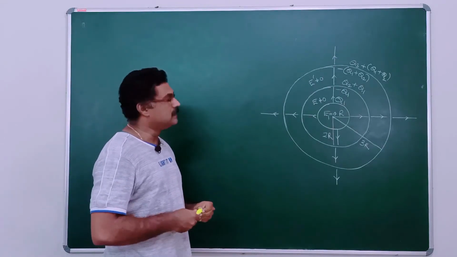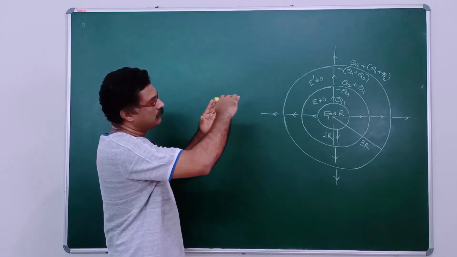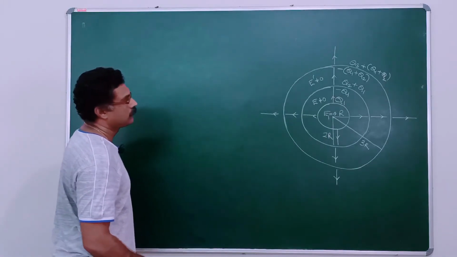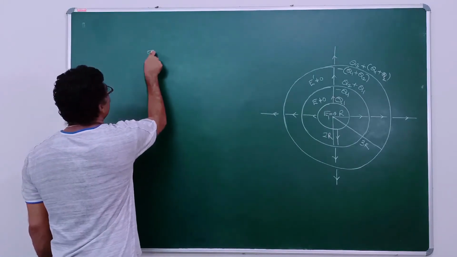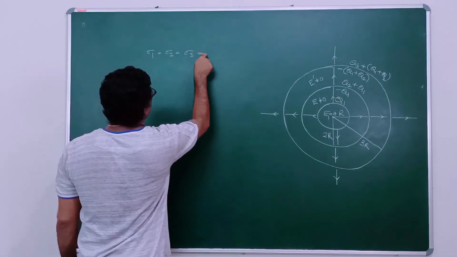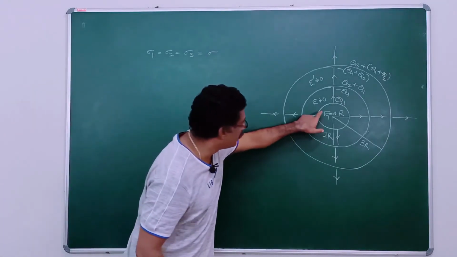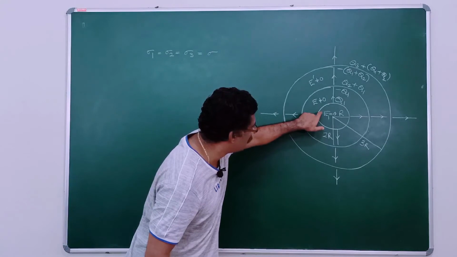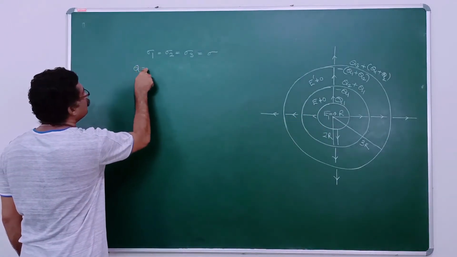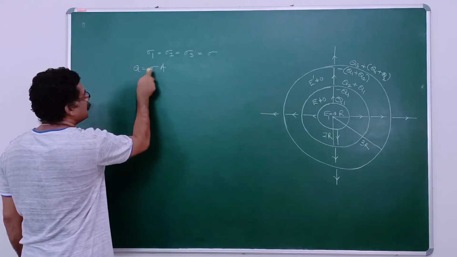For that, it is given that the surface charge densities on the outer surfaces are equal. That is, sigma 1, sigma 2 and sigma 3 are equal. Let it be sigma. So when we consider the first shell, we know that Q equals sigma A. This is the relation between charge and surface charge density.